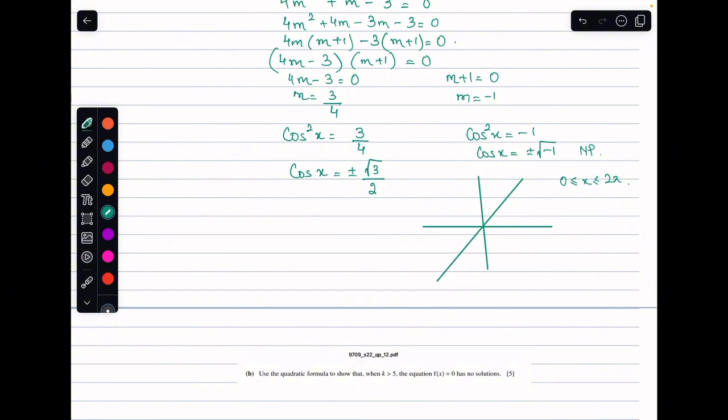It's positive in the first and the fourth quadrant, negative in the second and the third quadrant. Therefore, these are the angles and these are the quadrants that I need to find out. So what is going to be the basic angle? The basic angle here then is going to be pi by 6, and with respect to this pi by 6, I will be getting all my general angles.